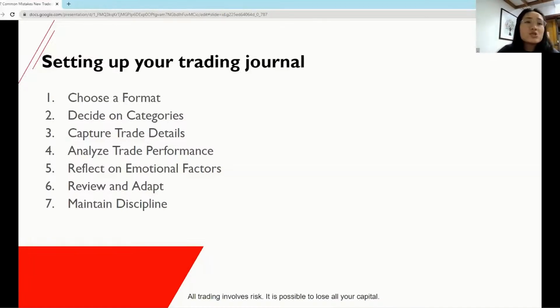Okay, fourth, analyze trade performance. That's pretty self-explanatory. So you basically just look for patterns, trends, and areas for improvement, and reflect on any winning successful trades or any losses. Okay, reflect on emotional factors, review and adapt.